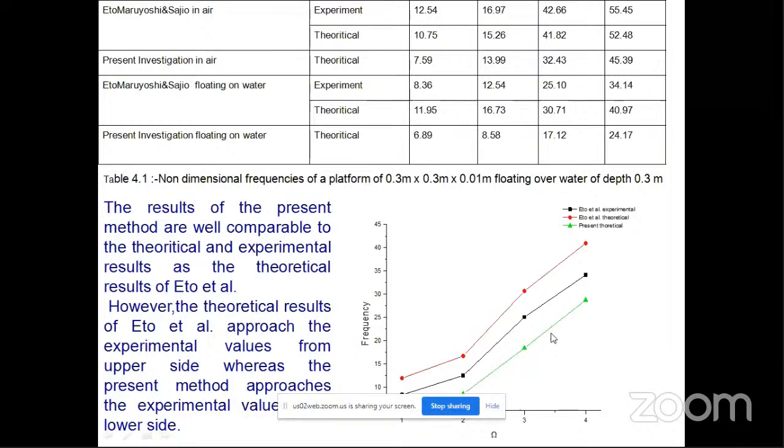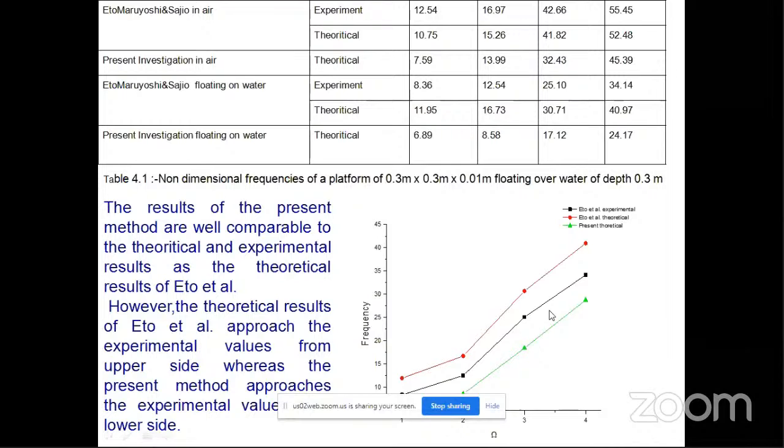And this green line is our result. So to the experimental values, their theoretical result is approaching from the upper side, or we can call it an upper bound solution for the experimental one. And our result is a lower bound solution to this. If we make the elements thinner and thinner, it will approach it.